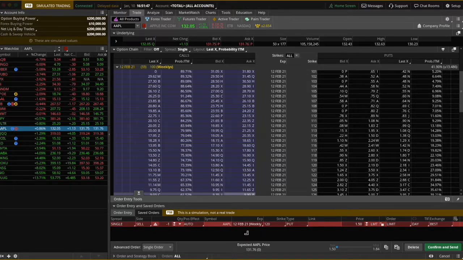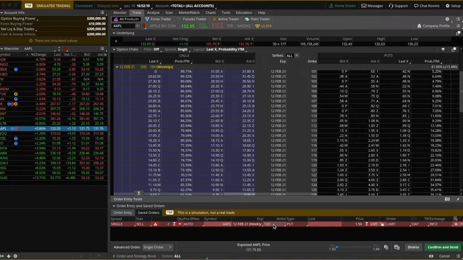However, it's important to note that there is a possibility that Apple stock price could be lower than $120. As we've shown in here, there is approximately a 23.46% chance that Apple ends up lower than $120.